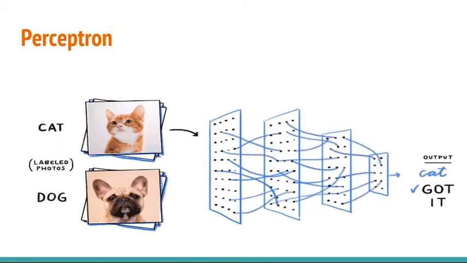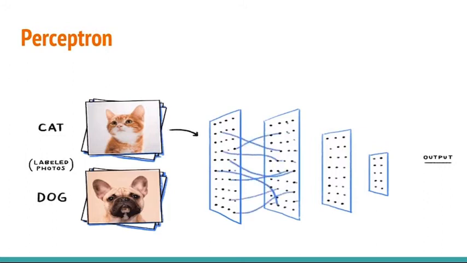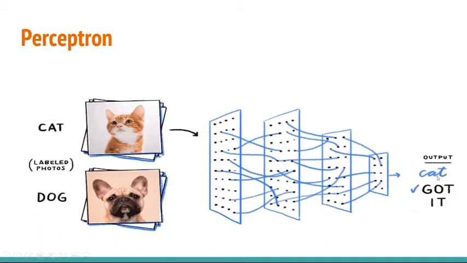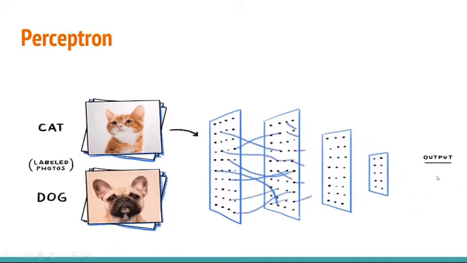Can we identify it to be a cat if it's a cat? If we're able to do that, it means we got it right. And if it is a cat and we use a model to figure that out, and it turns out to be an animal other than a cat, then we got it wrong.